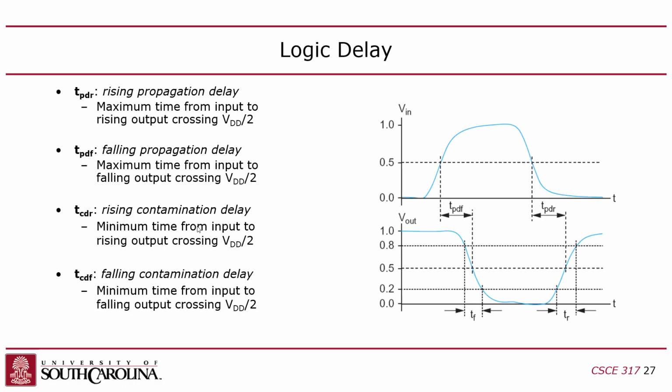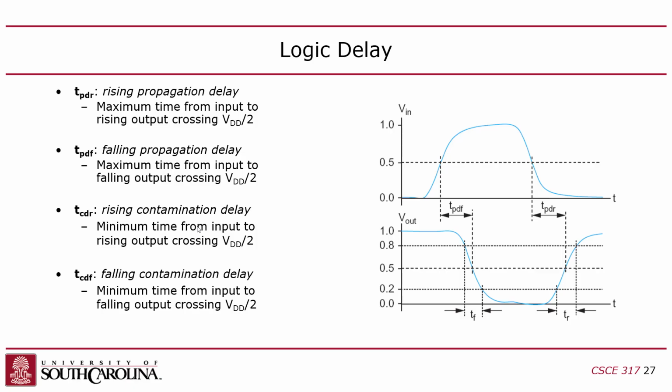Okay, then we start talking about logic delay. So this is revisiting a topic that we've already talked about. We've already talked about propagation and contamination delay. I mentioned in that lecture, though, that sometimes rising and falling, like when you pull up versus when you pull down, can experience different delays.